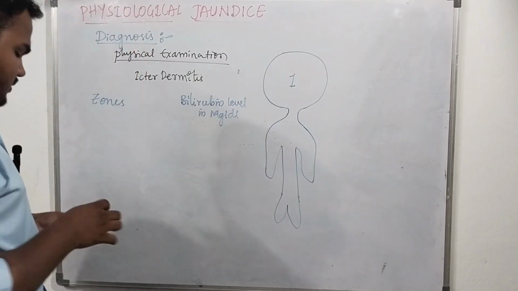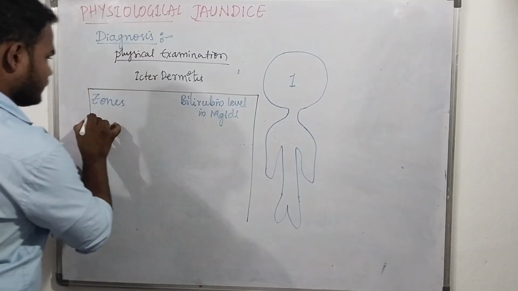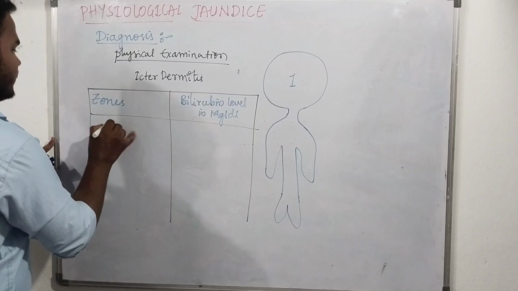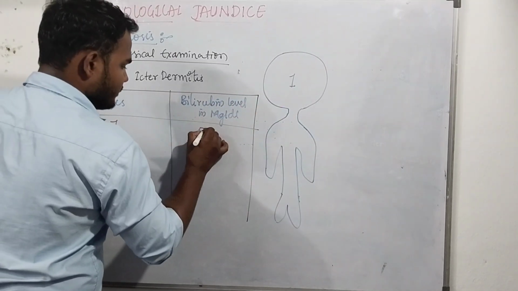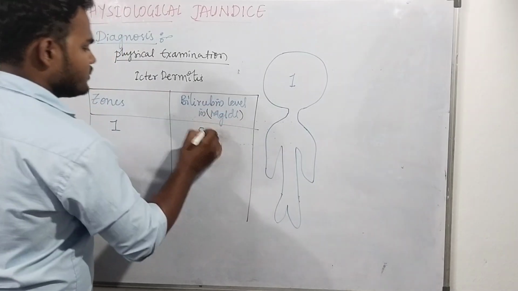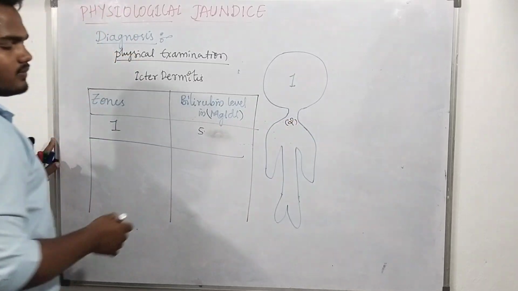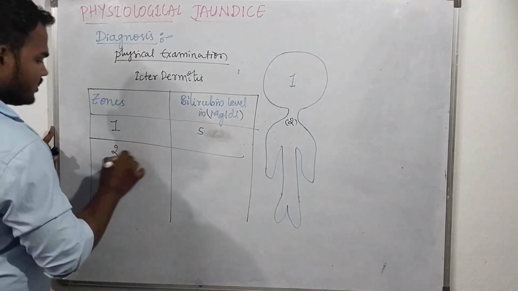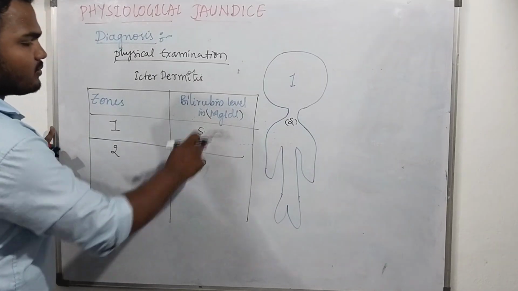Okay, this is our chart. In zone 1, if there is a yellowish discoloration, it may be 5 mg per dl. Next, if it is on the neck, the score is 2, and it means the bilirubin in the body is 10 mg per dl.